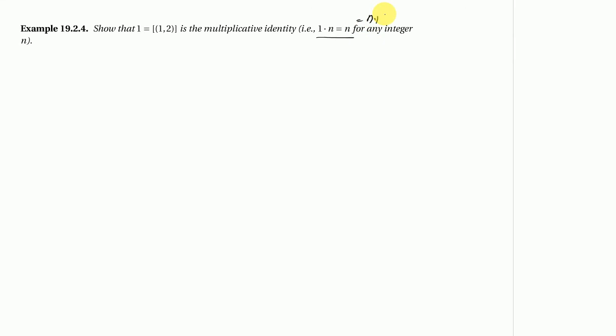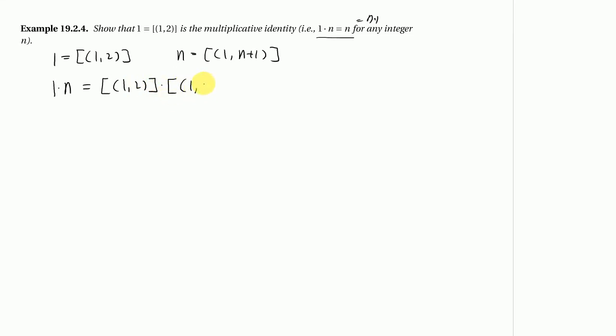Same thing. So let's do this. 1 is 1, 2, and n is 1 comma n plus 1, right? So 1 times n is 1 comma 2 times 1 comma n plus 1.